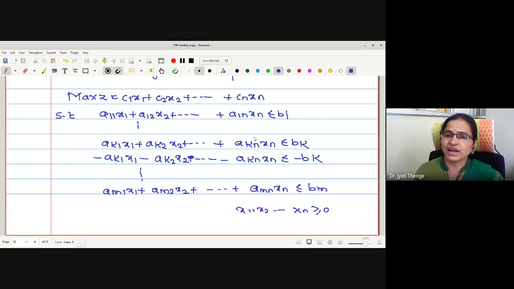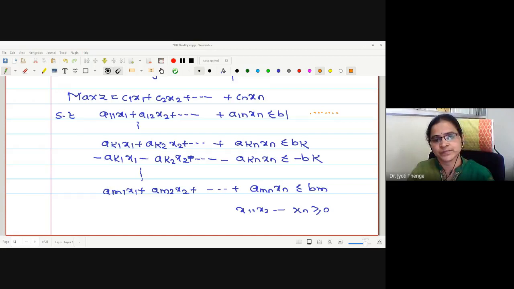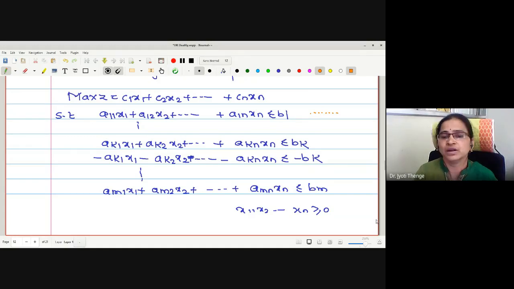While writing the dual, how many dual variables are needed now? Students, how many dual variables are necessary? Say m plus 1. Yes, it's m plus 1 because the original number of constraints are m, but we have split out that kth one into two parts.